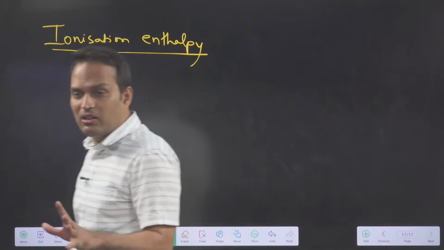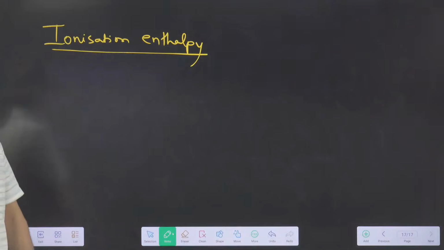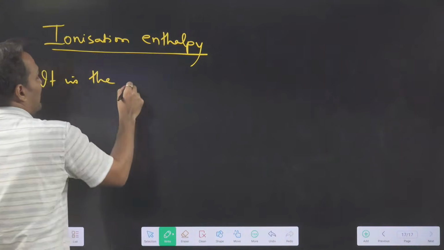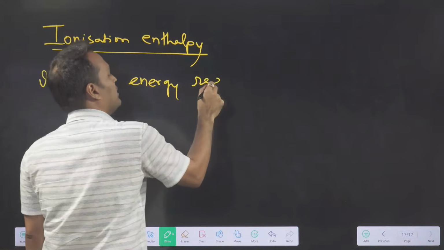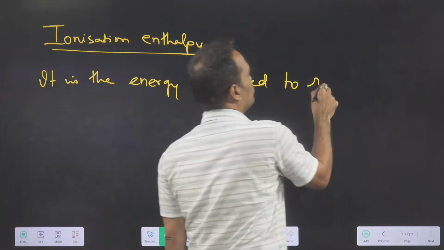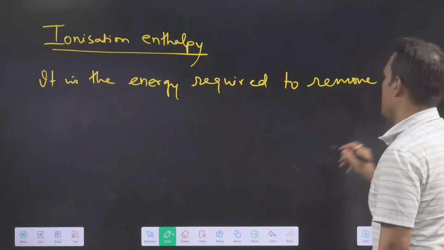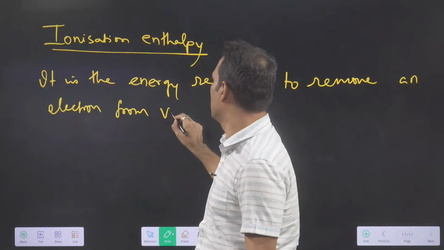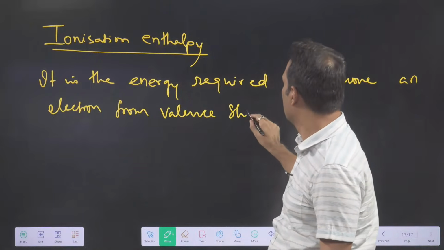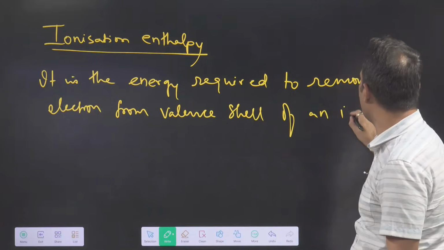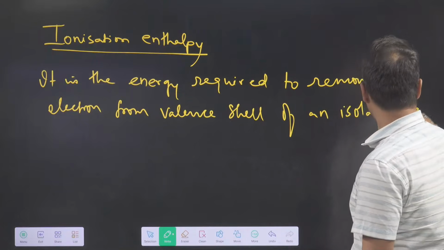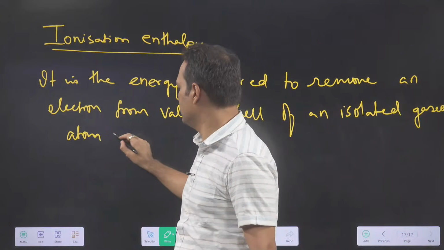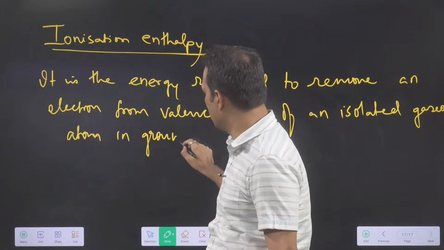So the definition you have to read nicely. It is not like this only, that sir, remove electron. We will write like this: it is the energy required to remove an electron from the valence shell of an isolated gaseous atom in ground state.